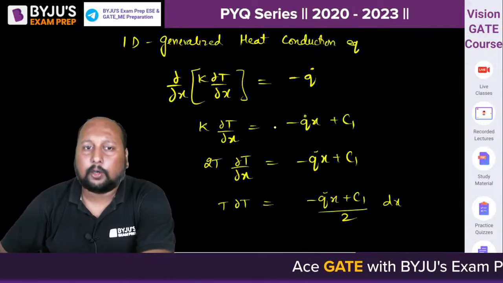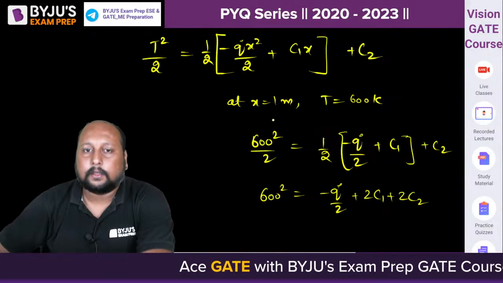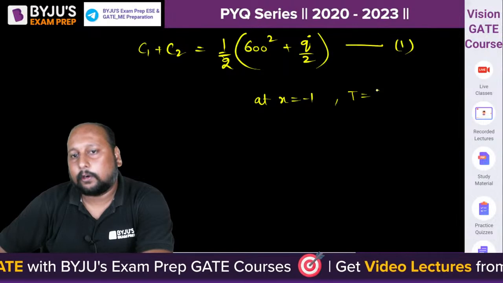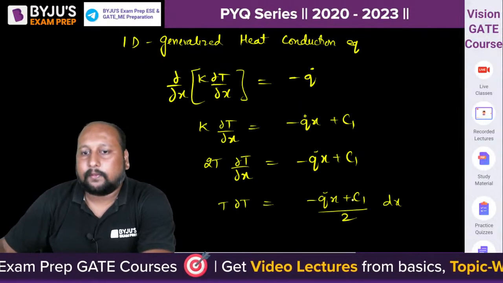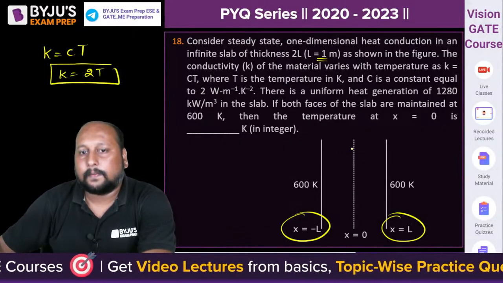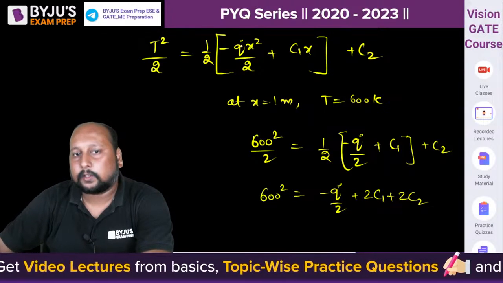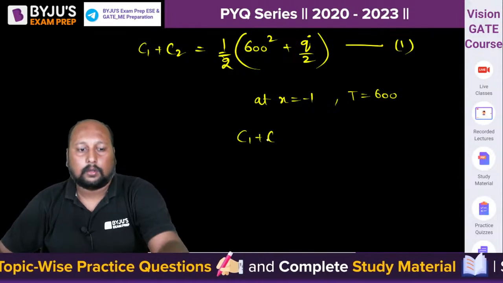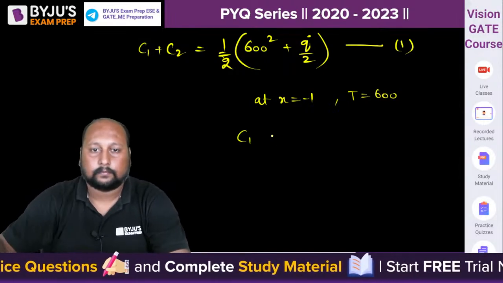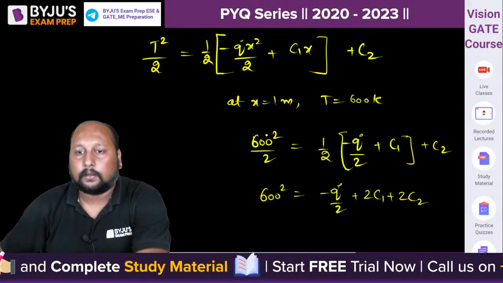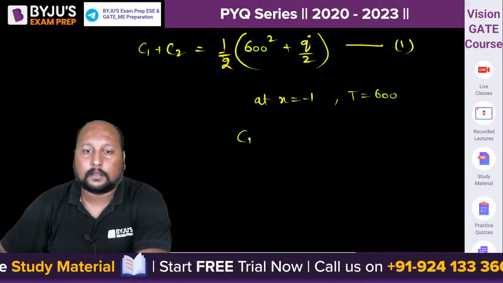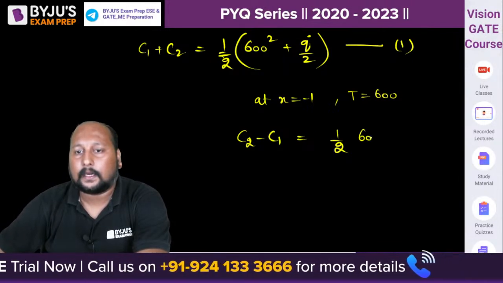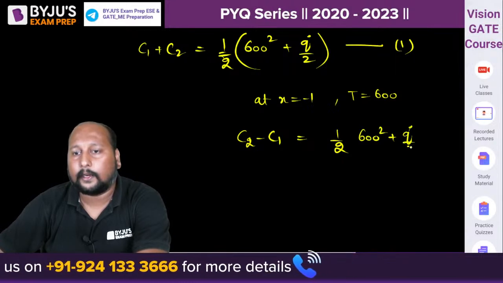Now equation number 2 will be at x equal to minus 1. So at x equal to minus 1, your T is equal to 600 Kelvin. So only we are having minus C1 over here. Rest all will be same, because when you place x equal to minus 1, this is square. So everything will be same. The only thing is C2 minus C1 is equal to 1 by 2, 600 square plus Q dot by 2, right?